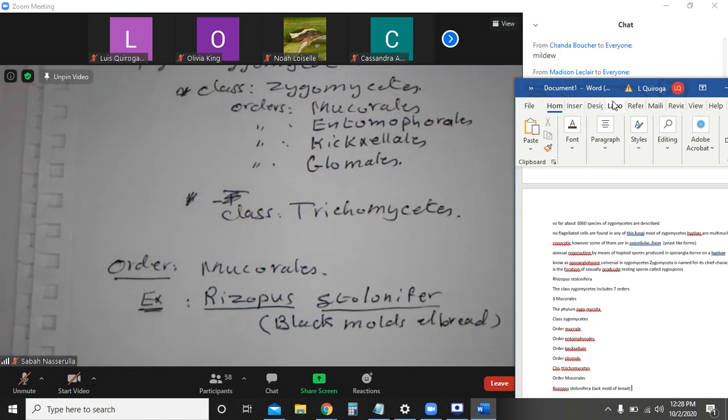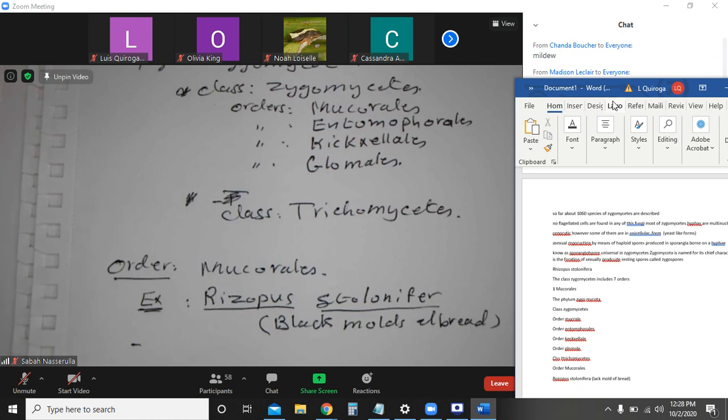Now, just to talk about this one here. These fungi, of course, Rhizopus can grow on many substrates. As you know, the fungus lives by absorbing its food through enzymes.